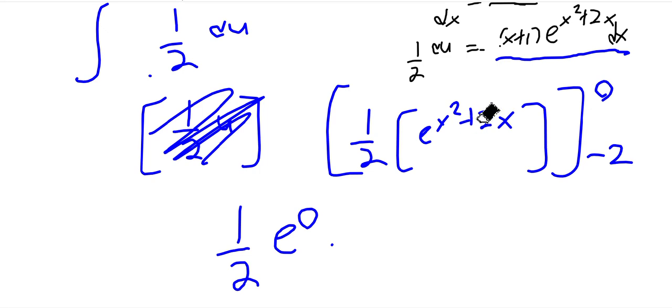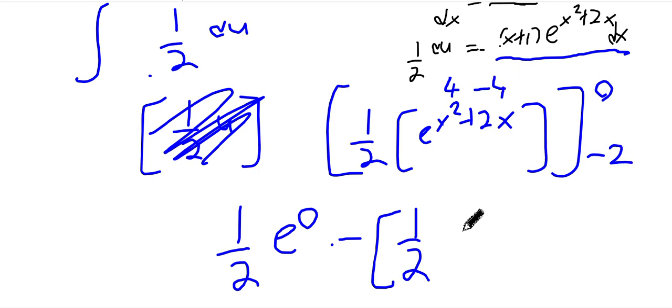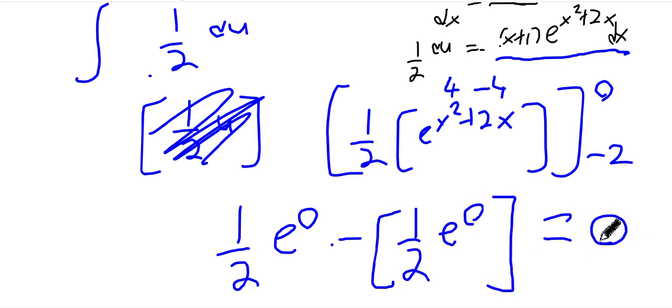Because that's all the power. So just a half, yeah. And then the other one, minus a half. Insert -2, you get 4. Insert -2, you get -4. So the answer is 0.